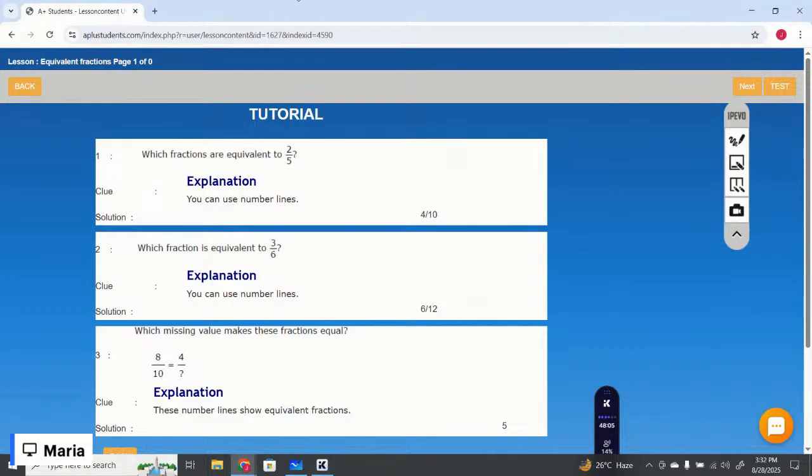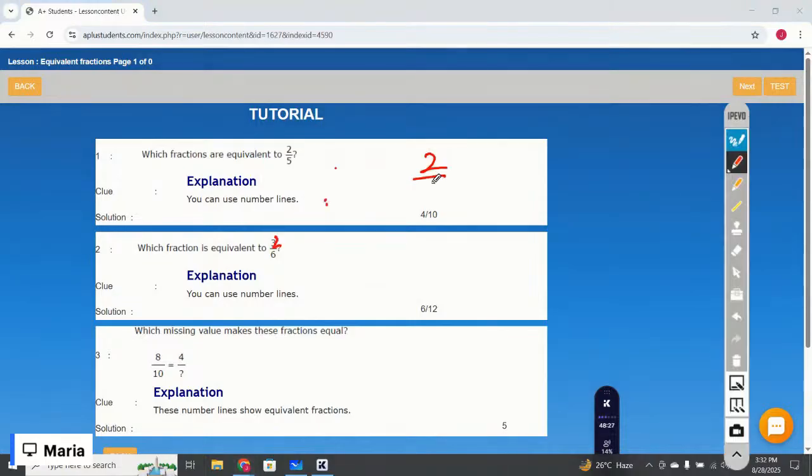So how do we find the equivalent fraction?